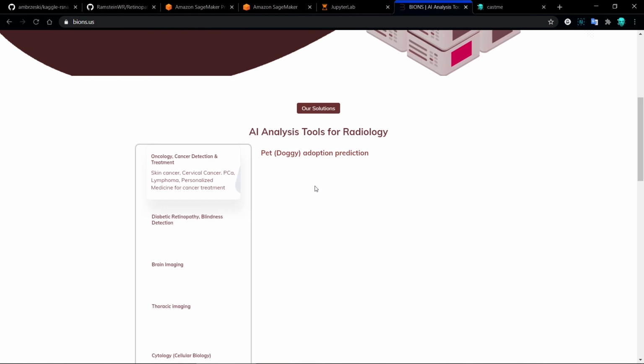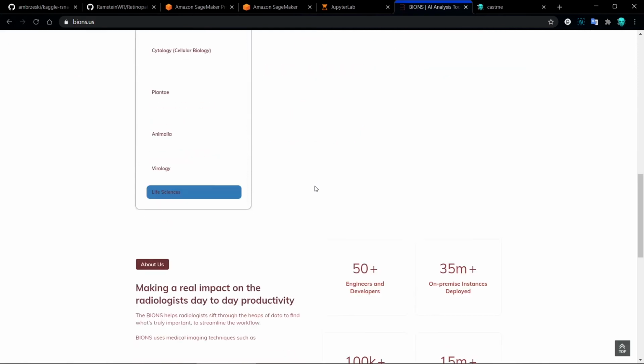The prettier the dog, the prettier the pet is, the faster that pet is going to be adopted. So this is the various data they have available, and pet doggy adoption prediction will be one of our solutions.